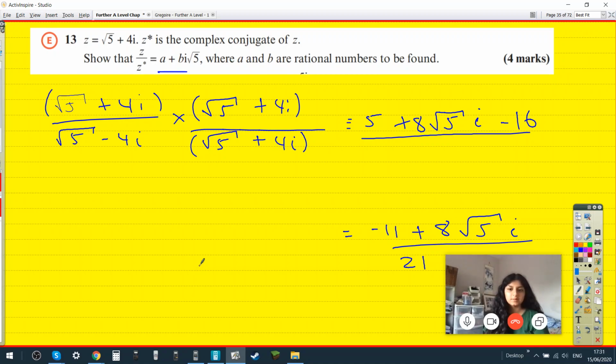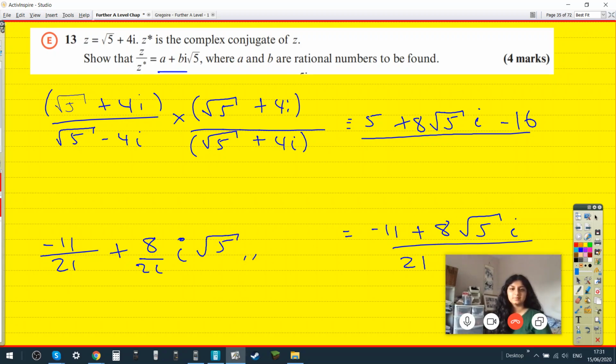Minus 11 over 21 plus 8 root 5 over, 8 over 21 i root 5. Shouldn't it be 8 over 21 i root 5 or something? Yeah, they want us to put it in a weird way. Yeah, it's really weird. 8 over 21 i root 5.